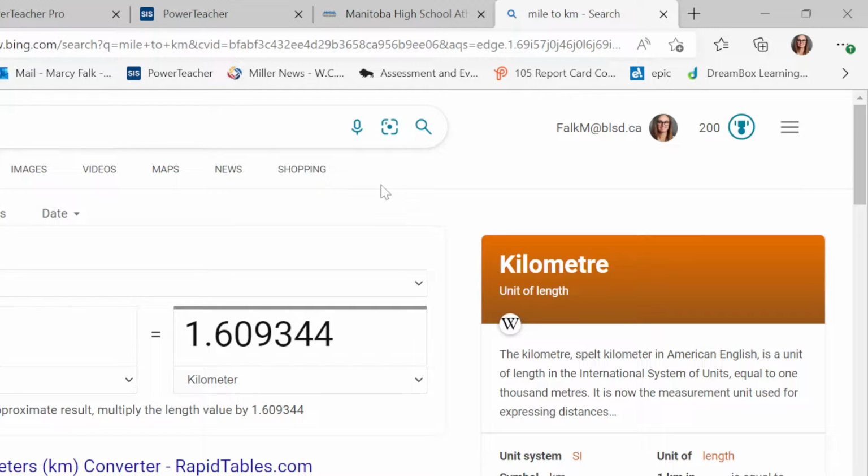Running 1 mile is more distance than running 1 kilometer. So for instance, if you go to Winkler, it'd probably be 42 kilometers. Going to Winkler is 26 miles.